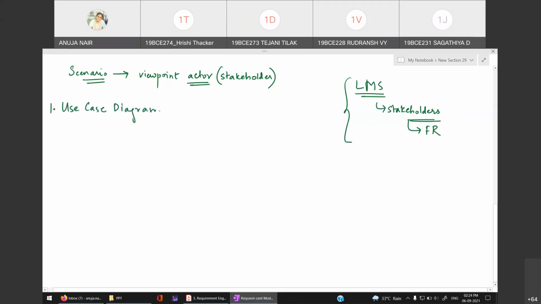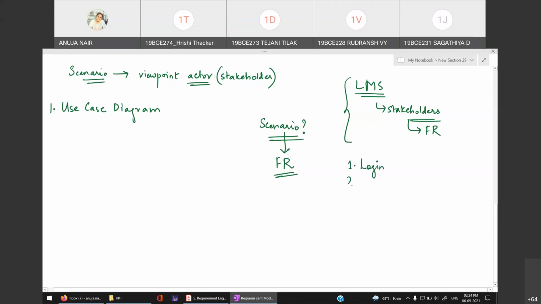Okay, let's talk in terms of the library management system only. What is a scenario over here? In the library management system, I have told you that each FR that you are writing is basically a scenario. Like one of my first FRs would be login, right?